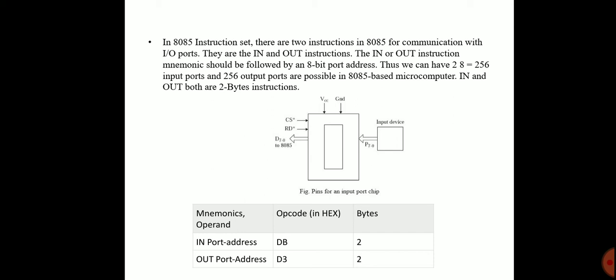IN and OUT are both 2-byte instructions. We see the mnemonics and operand: IN port address and OUT port address. The IN instruction has an opcode value of DB, followed by a byte, making it 2 bytes, and the OUT instruction has the opcode D3, also 2 bytes, in the 8085 microprocessor.